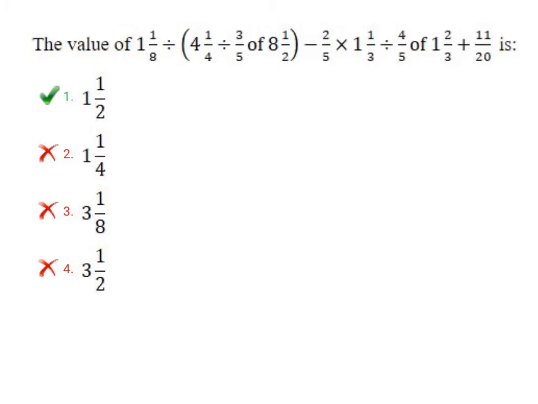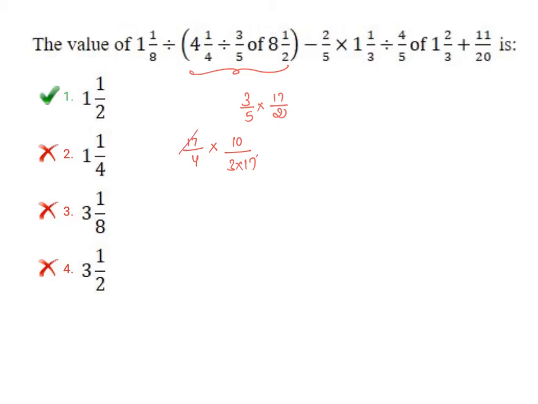Next, the value of. So this we have to do it in terms of parts. First, solve within the braces. So you have 3 by 5 of 17 by 2. So this becomes 17 by 4 into, it gets reciprocated, it becomes 10 by 3 into 17.